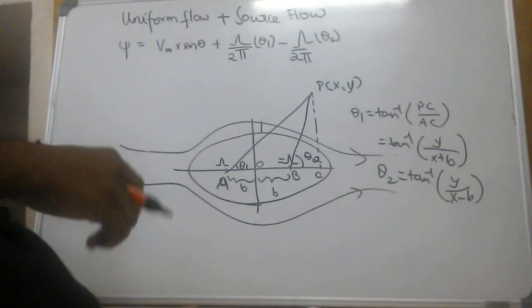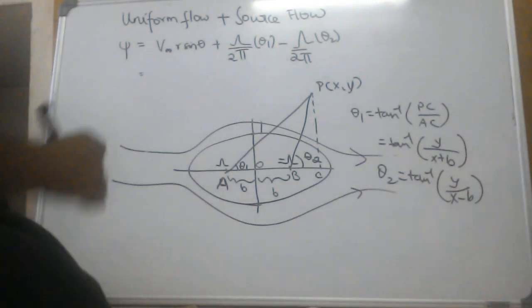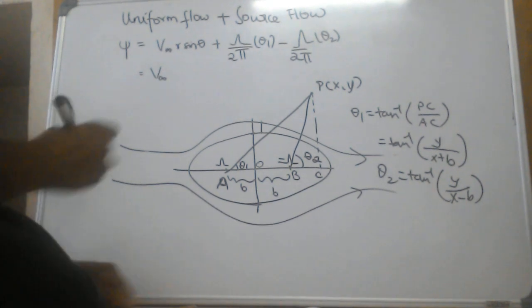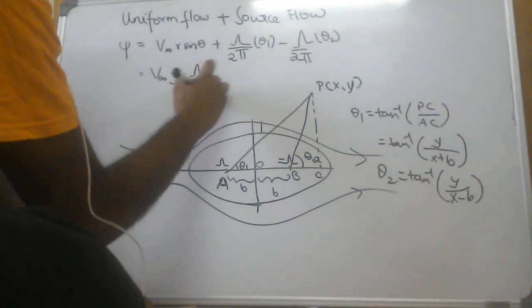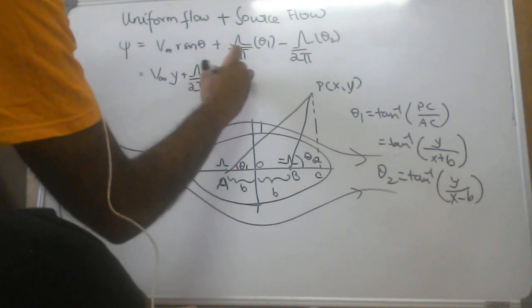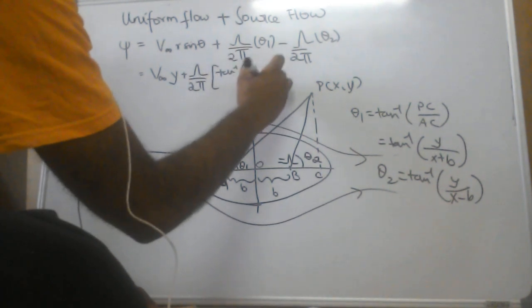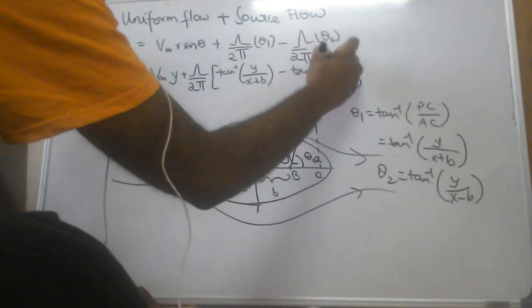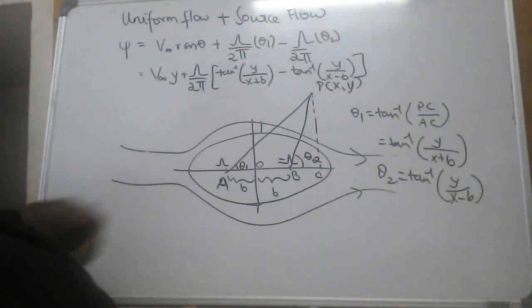So I will write out the stream function now in the Cartesian coordinates. V infinity r sine theta is nothing but y, plus lambda by 2 pi, tan inverse of y by x plus b, minus tan inverse of y by x minus b, right?